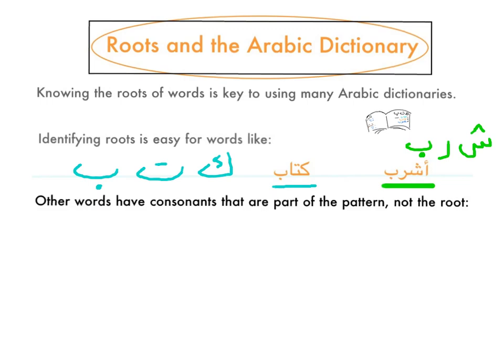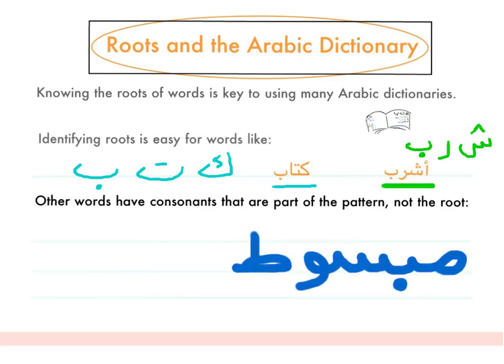These are easy. Other words have consonants that are part of the pattern, not the root. These words might be difficult because you might get confused, or you might find it difficult to tell the consonants that are part of the pattern from the letters which are part of the root.